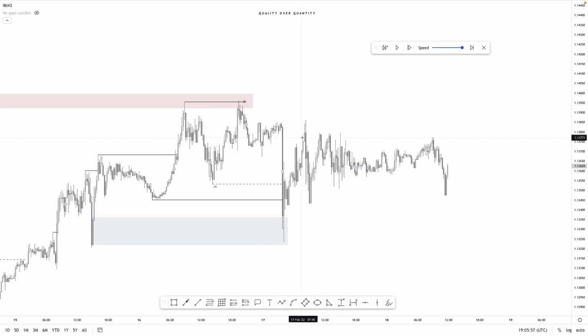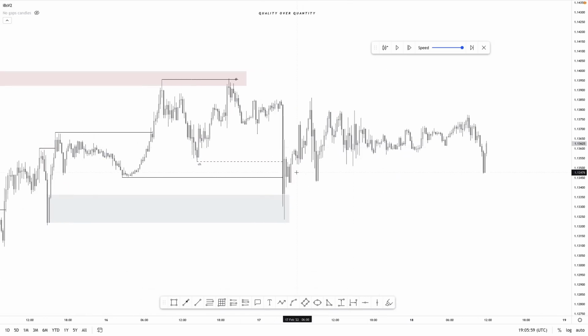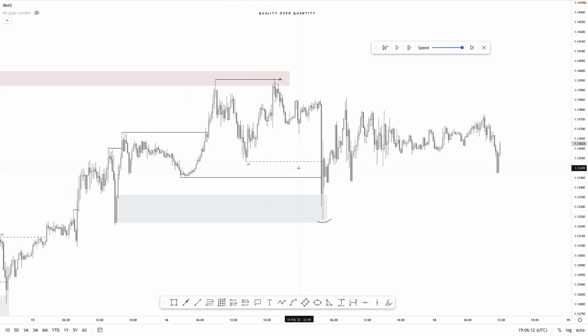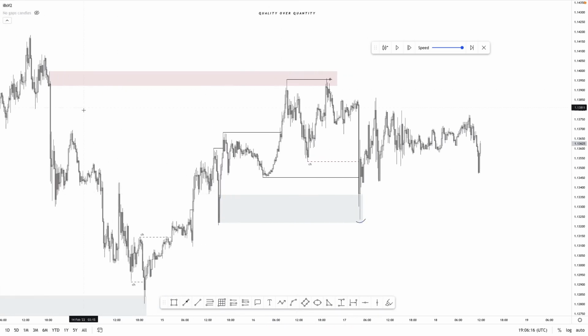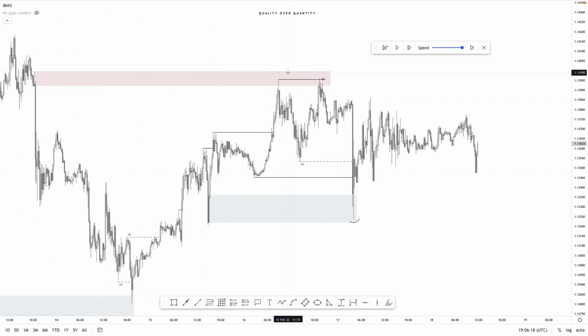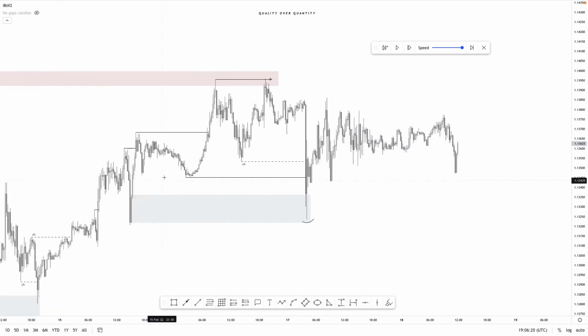So now what do we see? We see that we tap into demand and then we fail to push higher, and so because we fail to push higher, this low becomes weak, and so my short scenario is now having more confluences, right? So from the 4-hour, I want to look for shorts. On the 15-minute, we had a change of character and a break of structure.